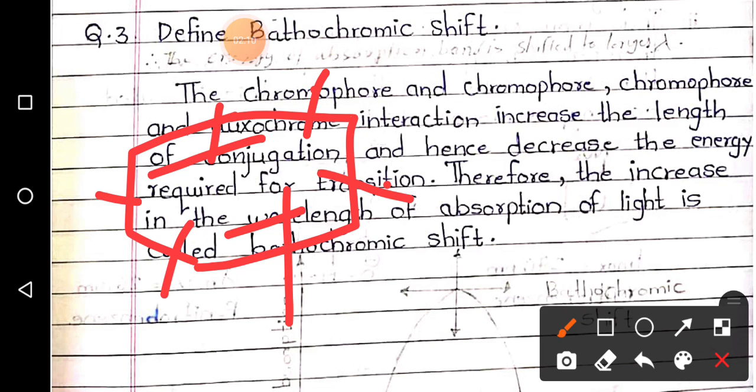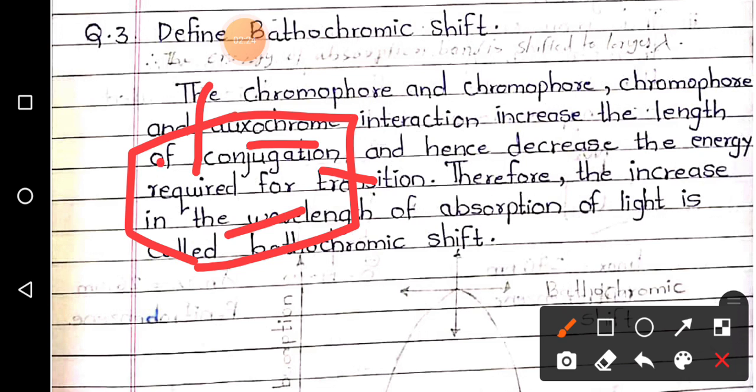So this is not called conjugation, because the condition for conjugation is double bond, single bond, double bond, single bond, double bond, single bond, double bond, single bond. If the bonds are present in this way, then that compound can give conjugation, otherwise other compounds cannot give conjugation.